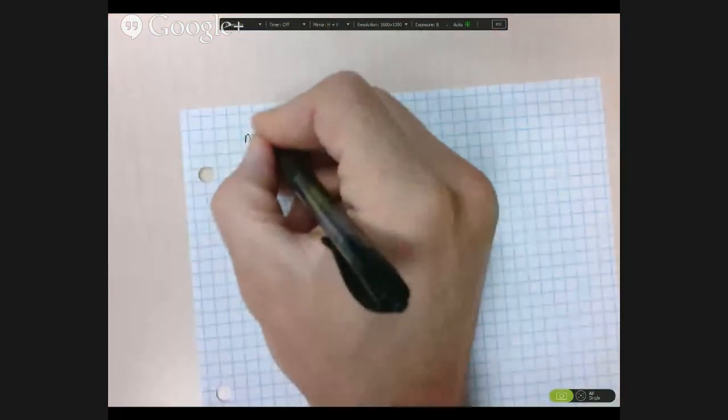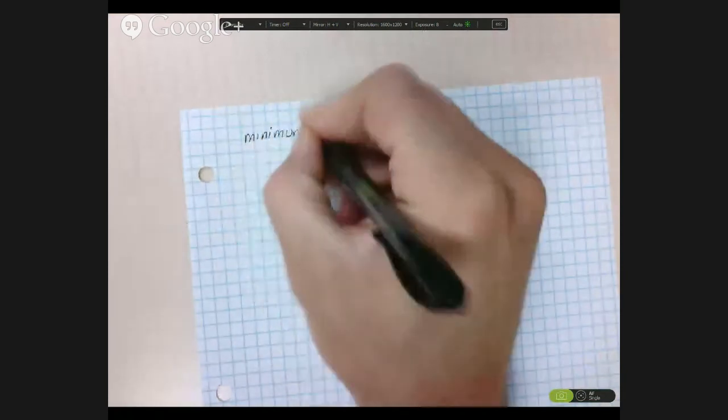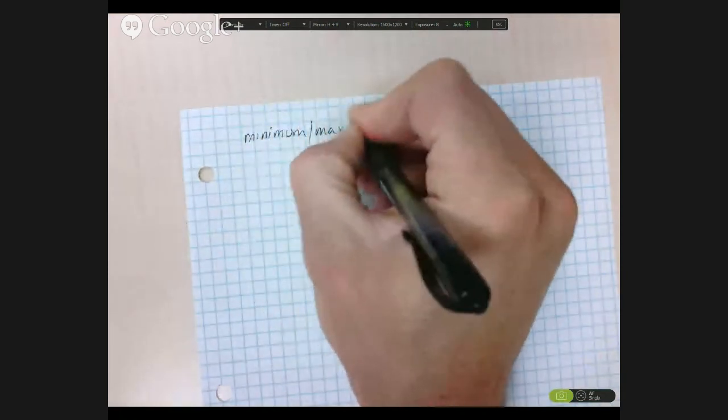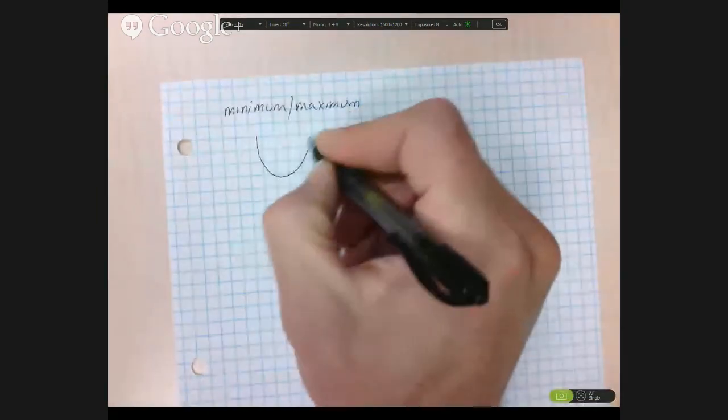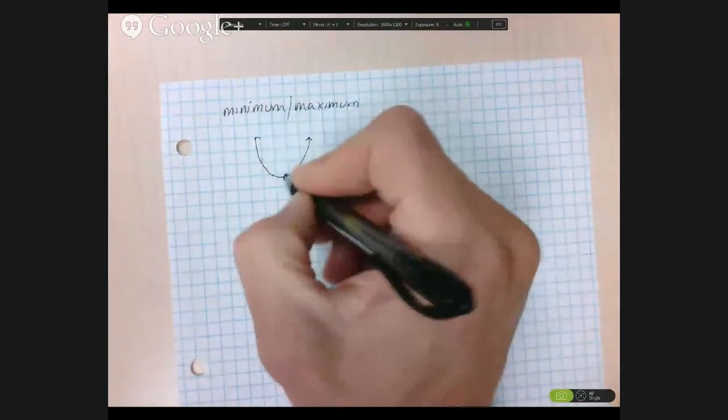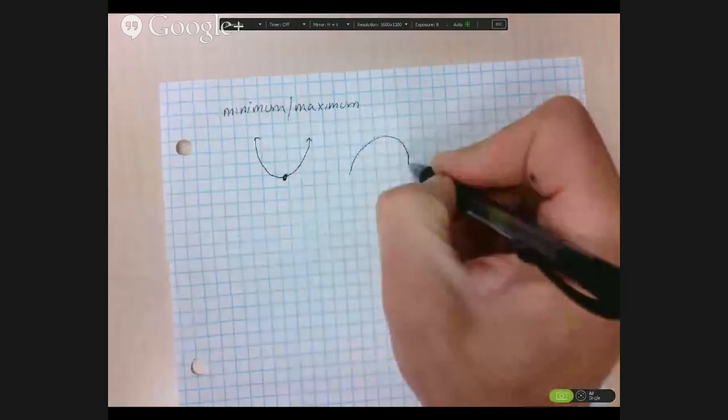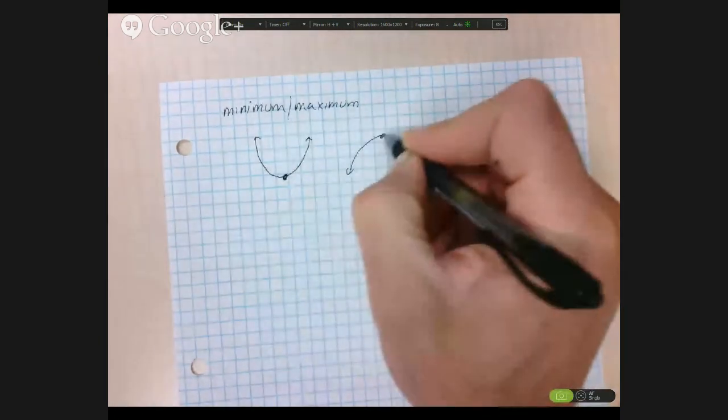All right, one more item. Okay, the minimum of a quadratic. This is going to be there or there.